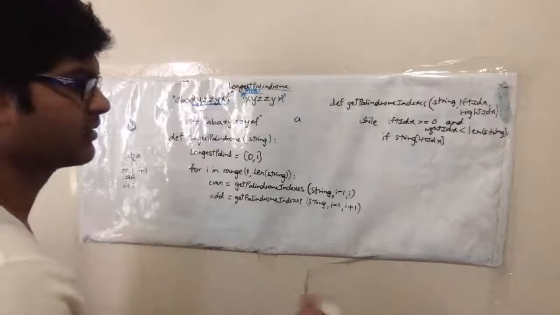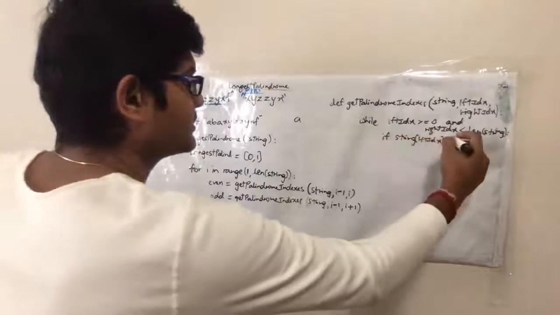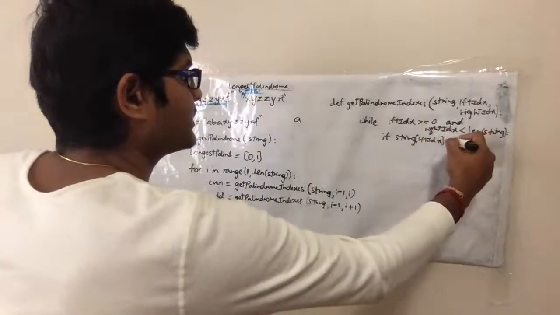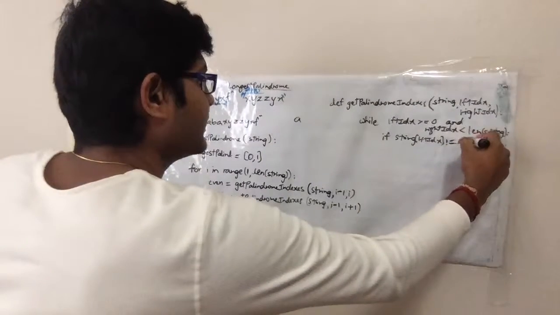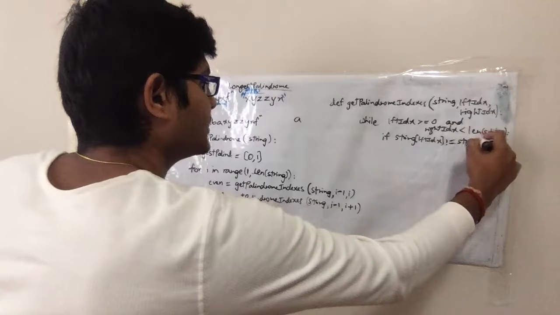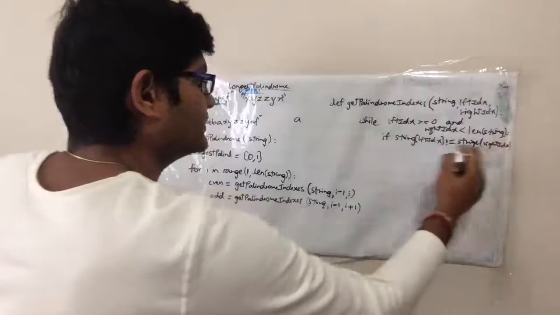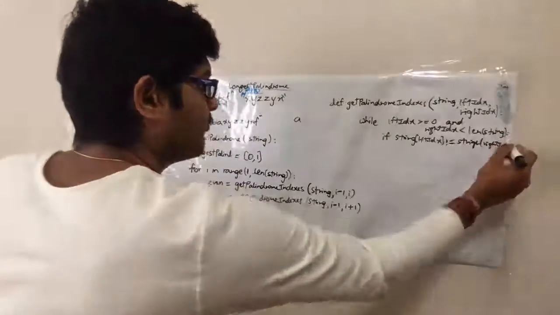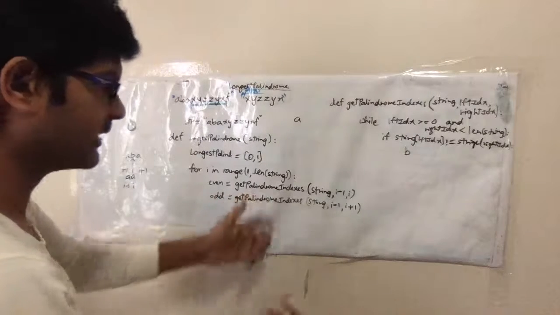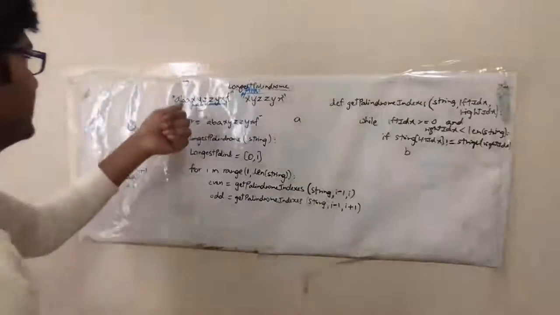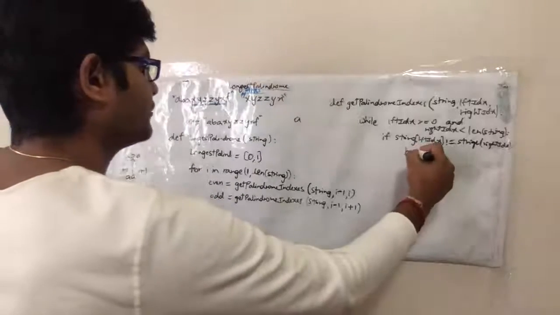In that case, we can stop further iterations. So I'm checking if the string at left index and string at right index are not equal. If that is the case, you need not do anything. We are just trying to find the indexes, and if the characters on the left and right are not equal, just break out of this loop.